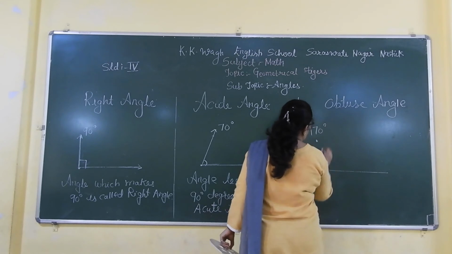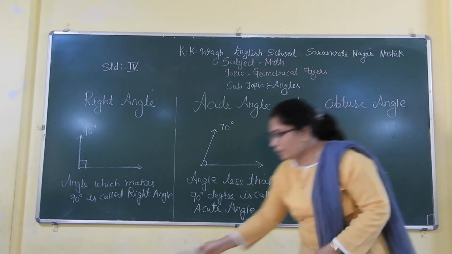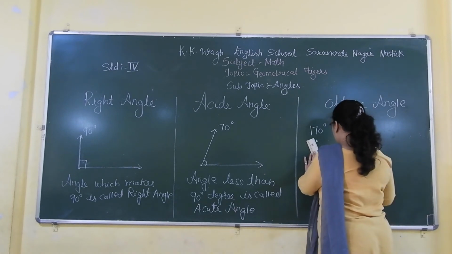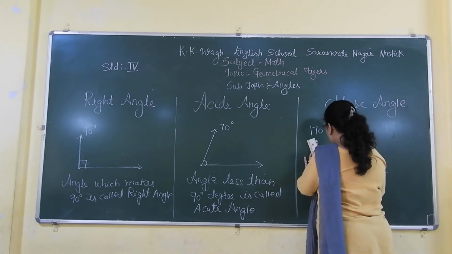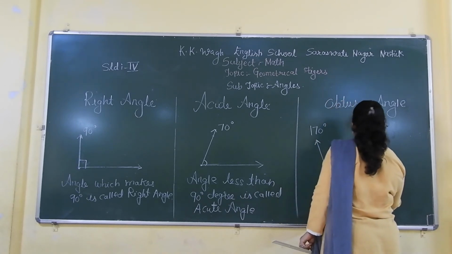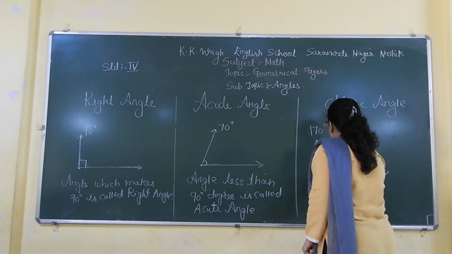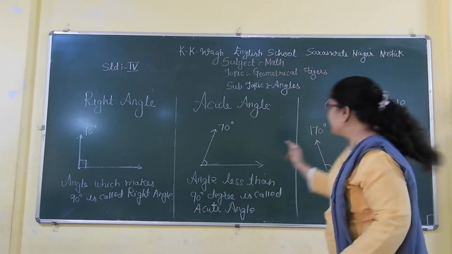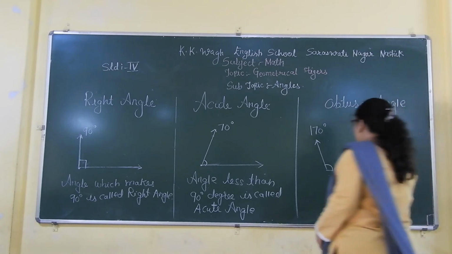Now again we will join this point with this point. Okay. It is making 170 degrees. The angle which is greater than 90 degrees is called an obtuse angle.